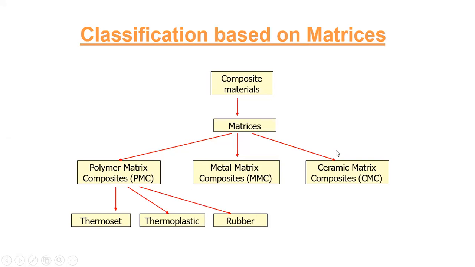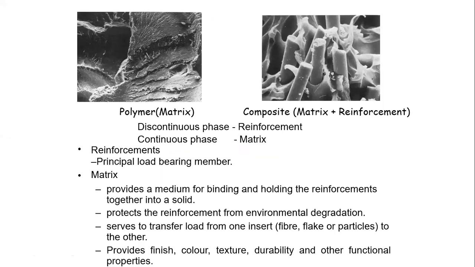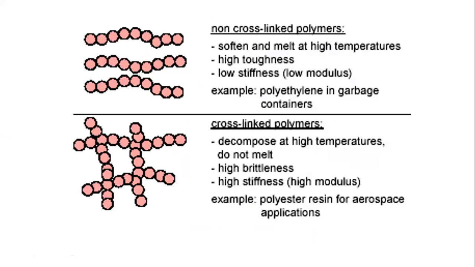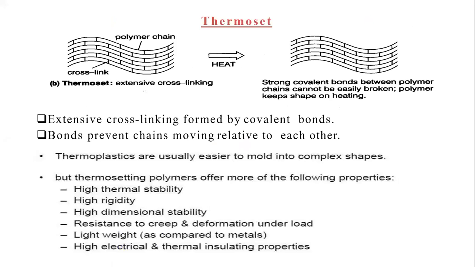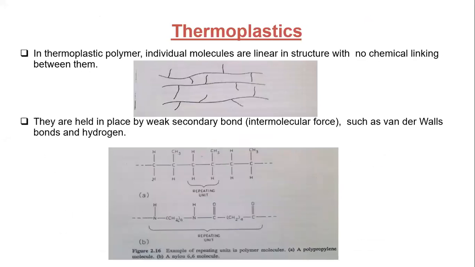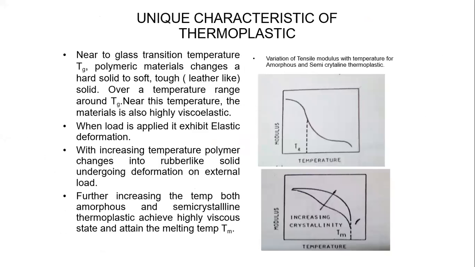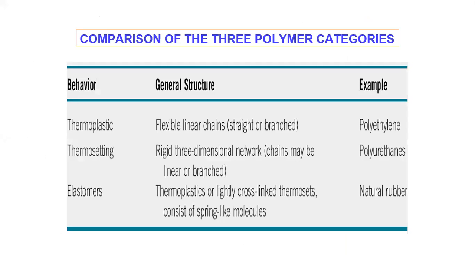So we have seen about the classification and what is a polymer and the classification of polymer and different molecular chain configurations and thermosetting plastics and thermoplastics and types of the thermoplastics also.